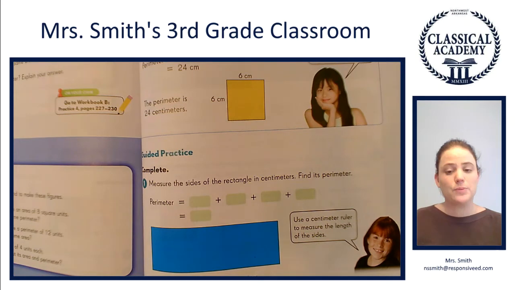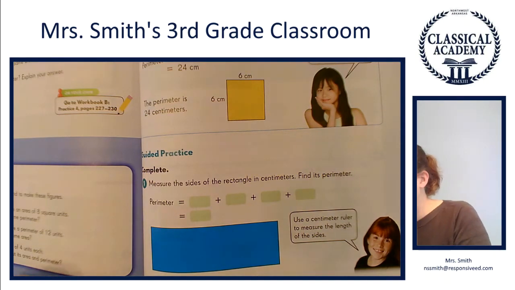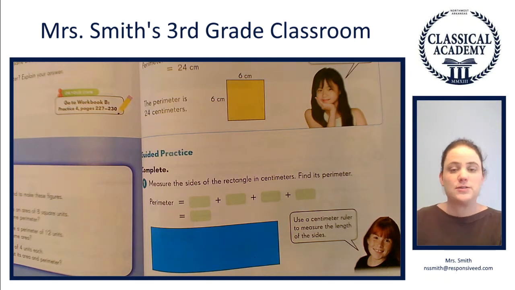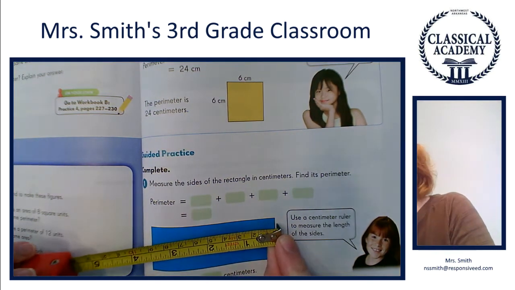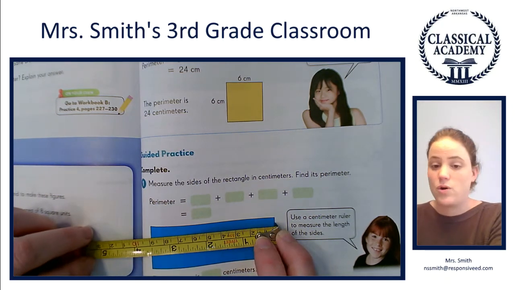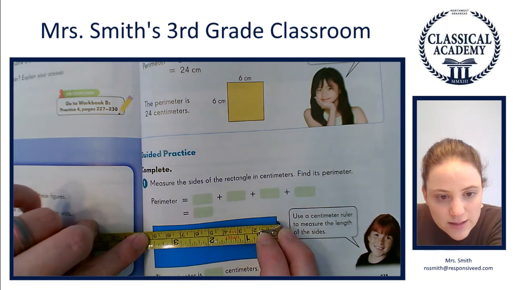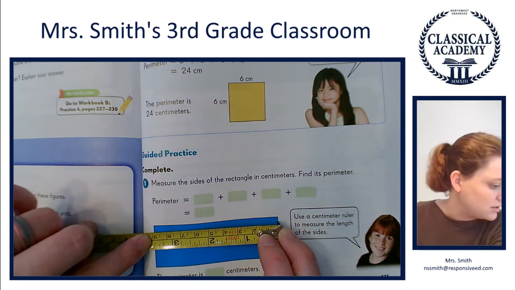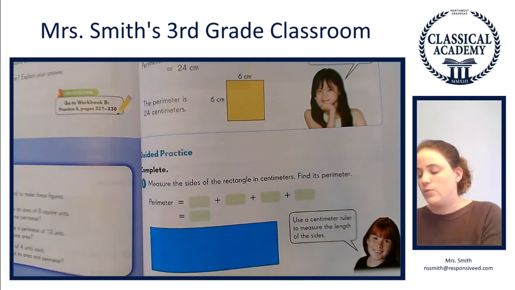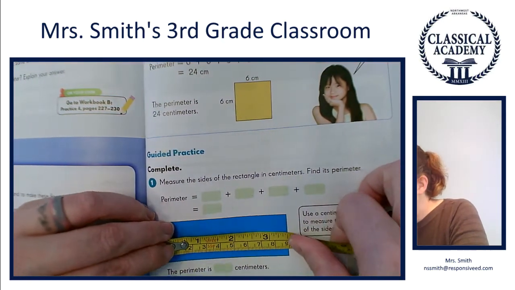When you measure the perimeter, you measure the sides. So let's do it together. It says to use centimeters. So here, make sure you start at 0. Some rulers have a little distance before the 1, so make sure you start at 0. Here, it looks like it's exactly 9. It's upside down, the way I was holding it. Let me turn it so you can see it. 9 centimeters.